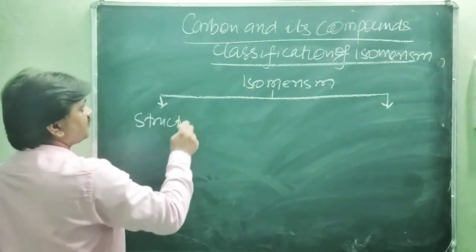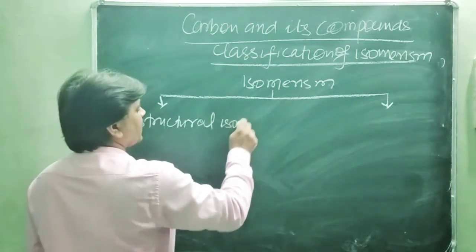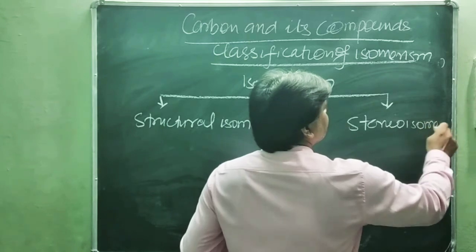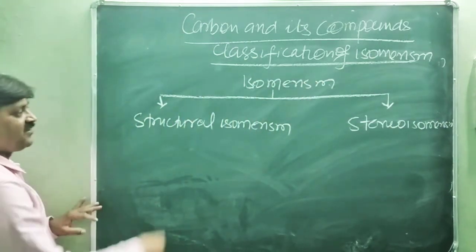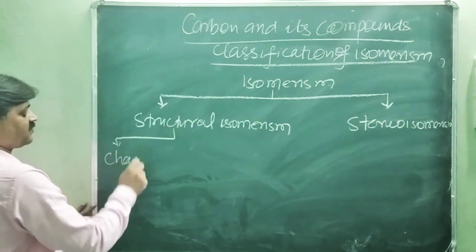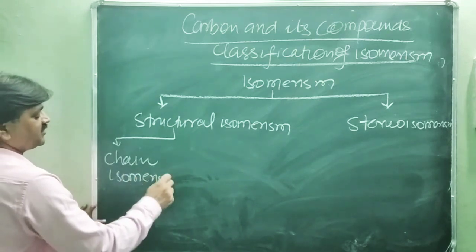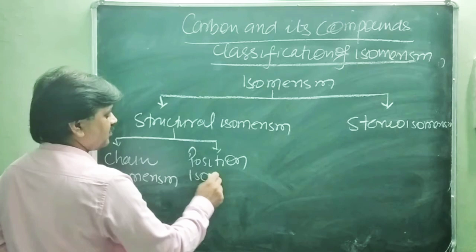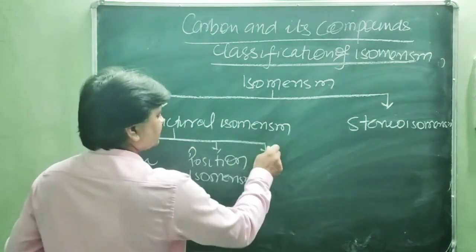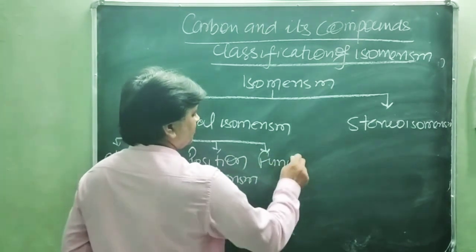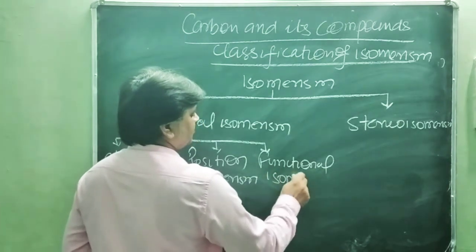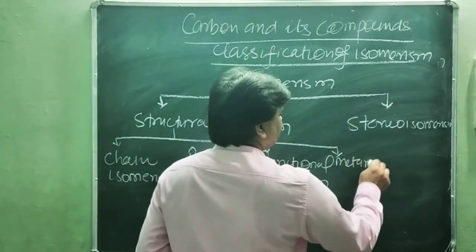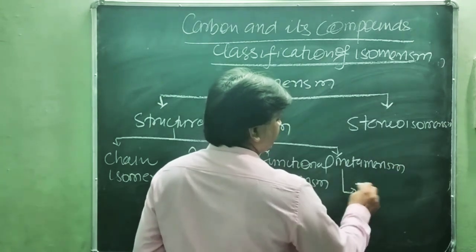Structural isomerism is further classified into 5 types: first chain isomerism, second position isomerism, third functional isomerism, fourth metamerism, and fifth tautomerism.